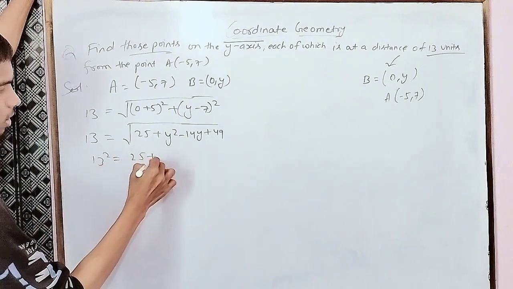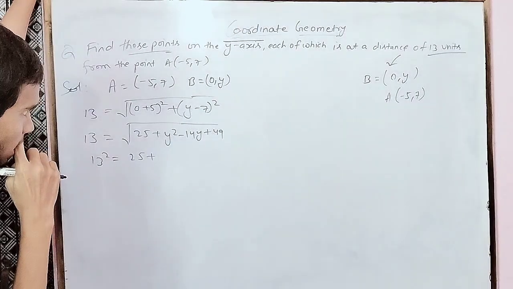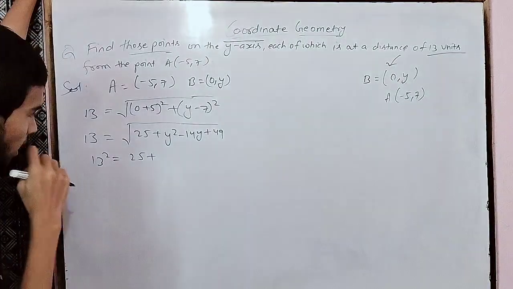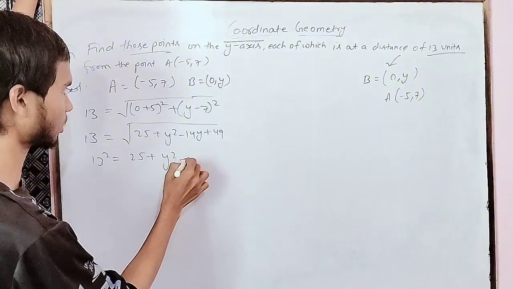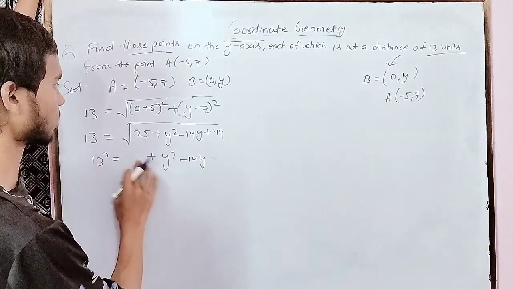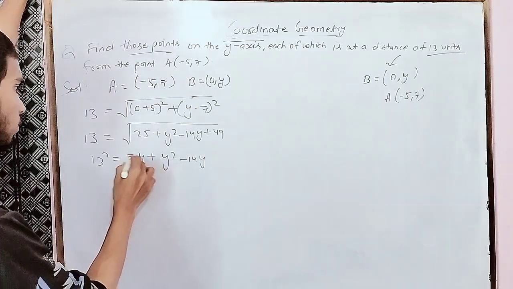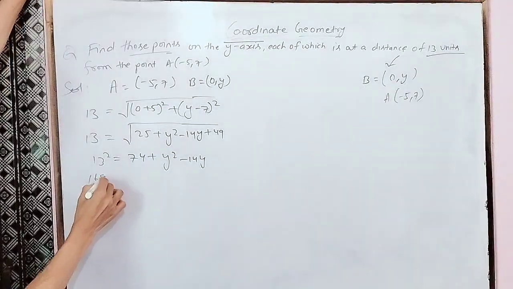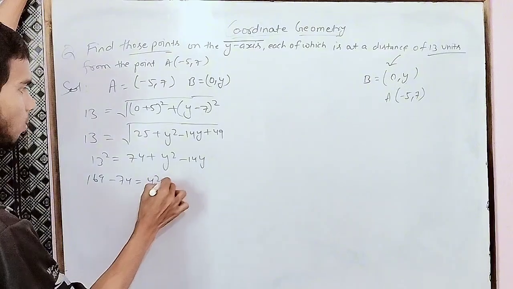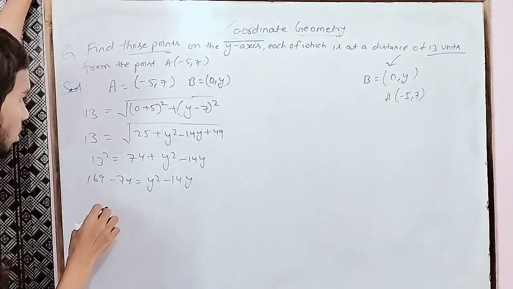So 25 plus y square minus 14y, and here this is how much? 169 minus 74, y square, 14y. This is how much?